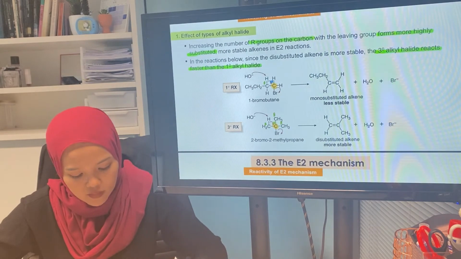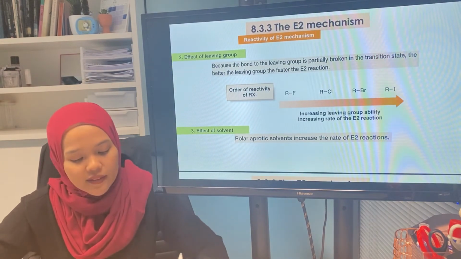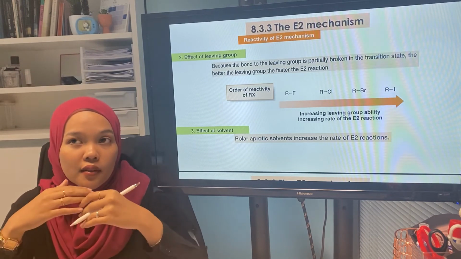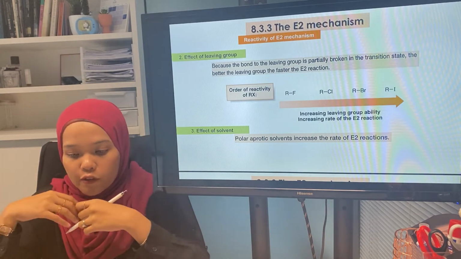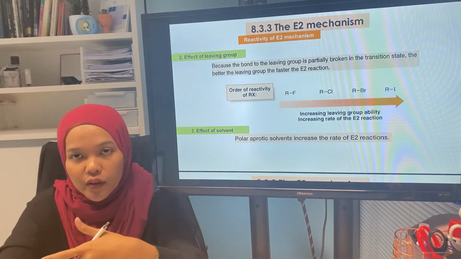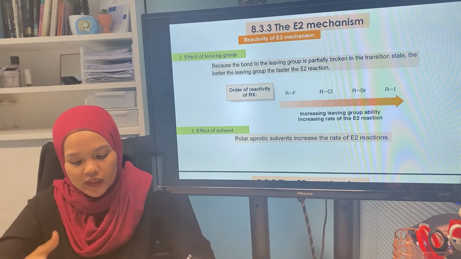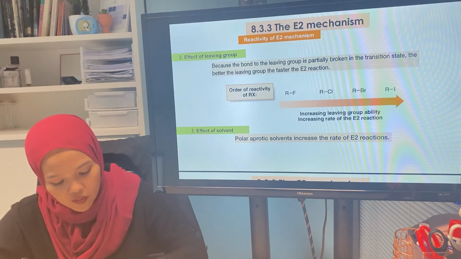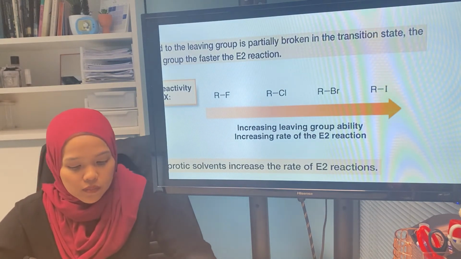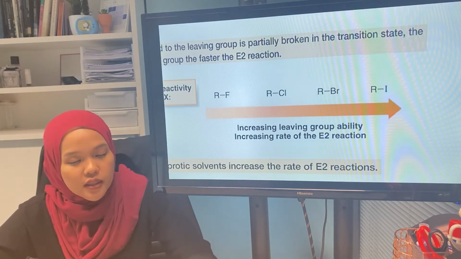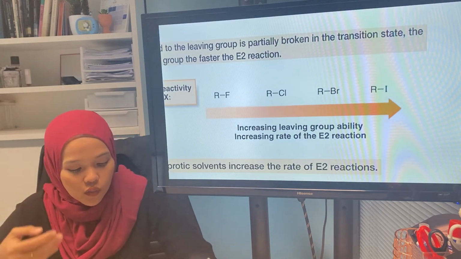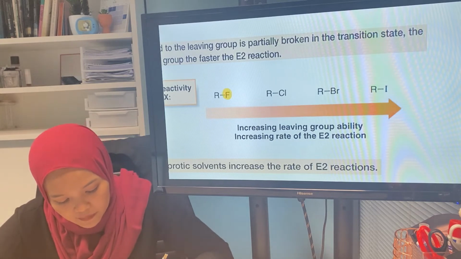Next is the effect of the leaving group. What if you substitute the bromine with fluorine, or fluorine with chlorine, or chlorine with iodine, and so on? It will depend on the types, or the easiness of the leaving group ability. For your information, we have discussed this in substitution reactions.